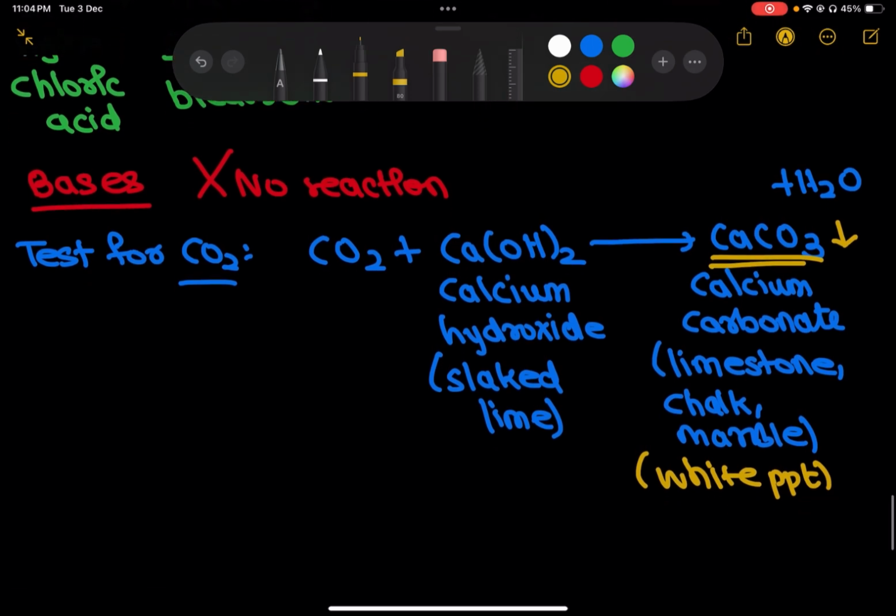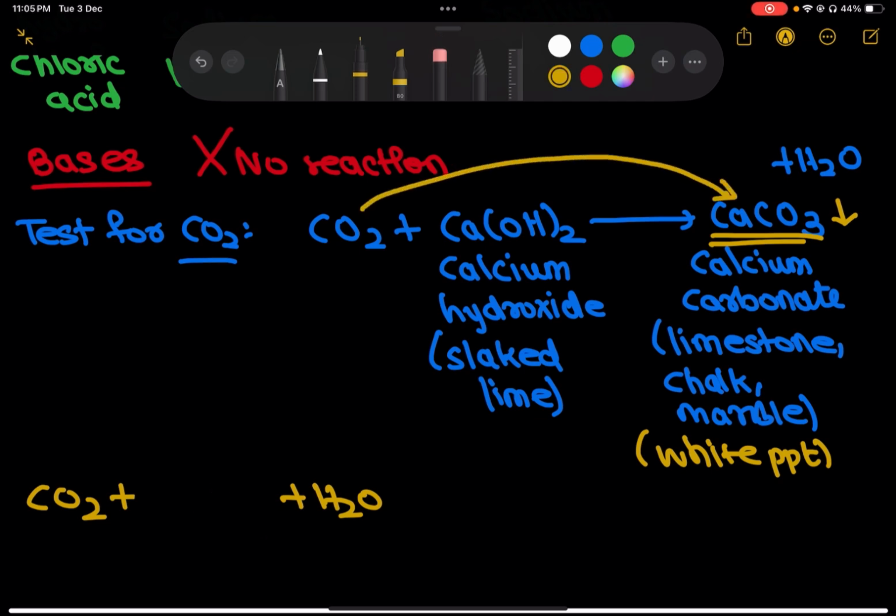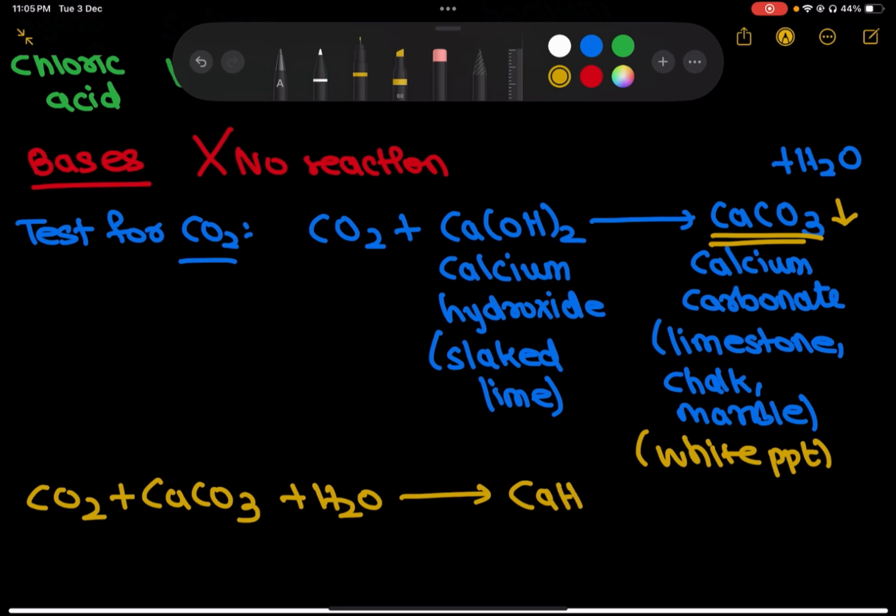But if you pass CO2 through Ca(OH)2 for a long time, the CO2 starts to react with the CaCO3 formed. So what happens here? CaCO3 plus CO2 plus H2O forms Ca(HCO3)2.